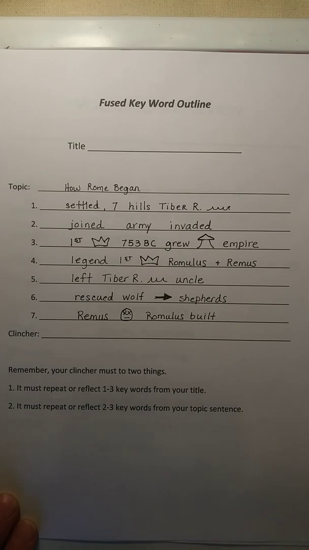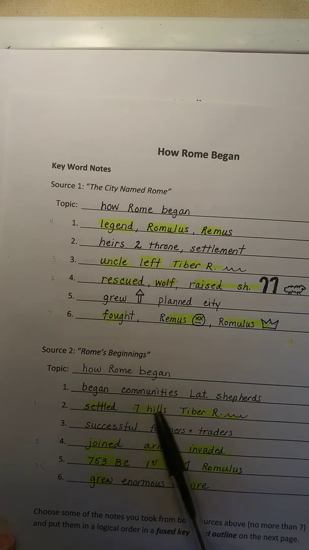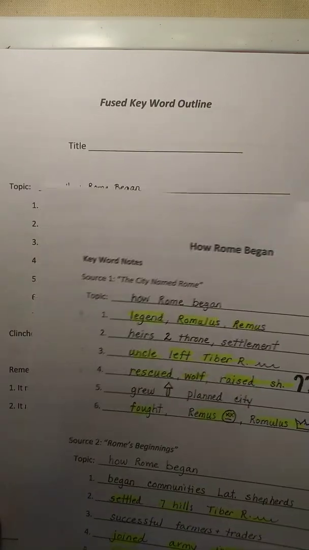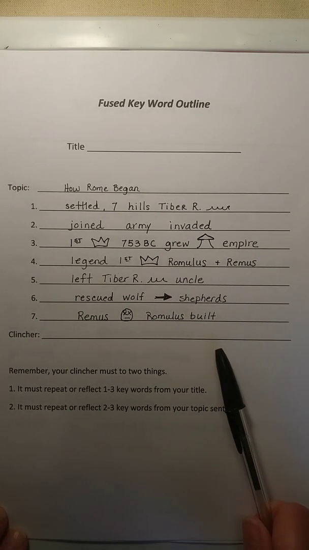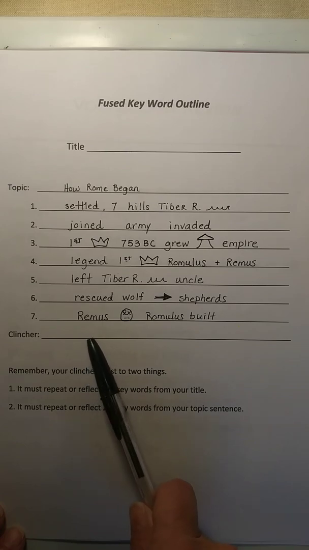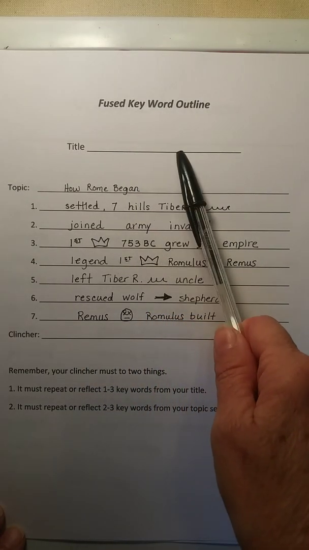Okay, so look over your notes that you took and pick the ones, like I did. I highlighted the ones that I wanted to include in my paper, and then write them in a reasonable outline that makes sense and flows nicely. Okay, don't forget your clincher has to repeat or reflect 1 to 3 keywords from your title, which you can add at the end.